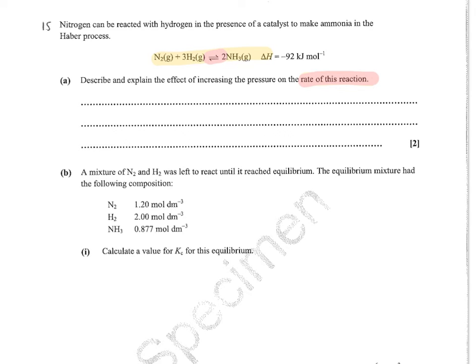So like we mentioned a moment ago, it's increasing the pressure. What that does is it crowds the molecules closer together, so there are more collisions in a given unit of time. Because the molecules are closer to each other, in greater proximity, they're able to collide more often.